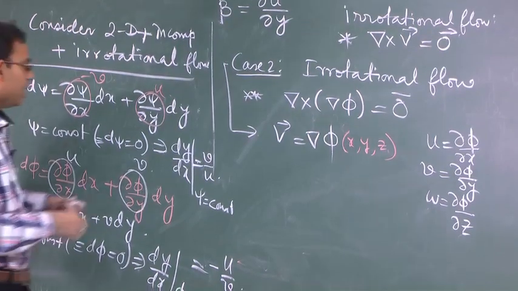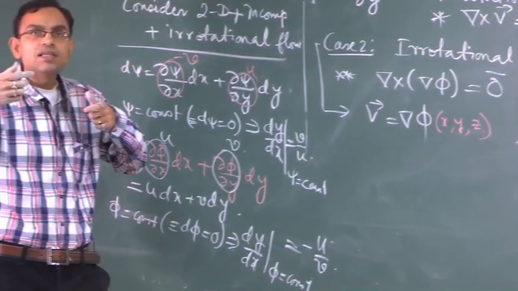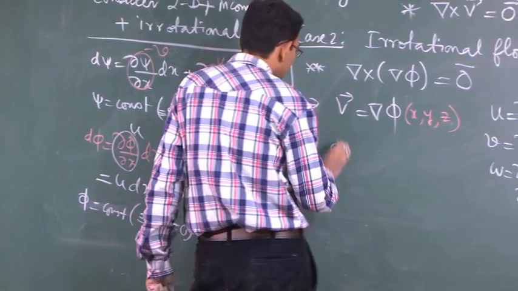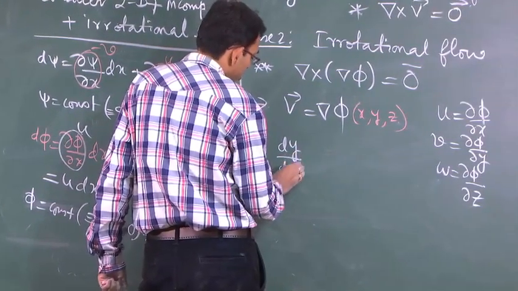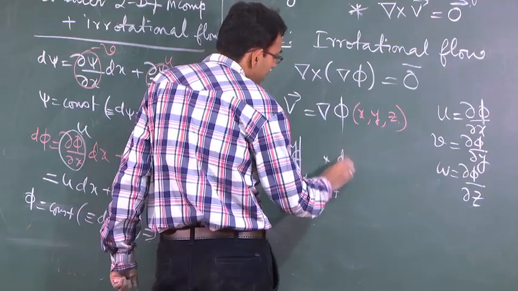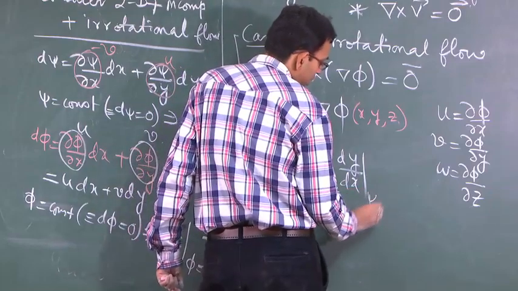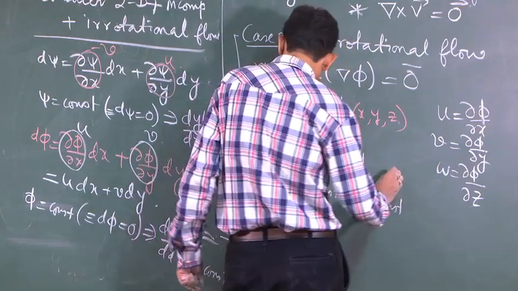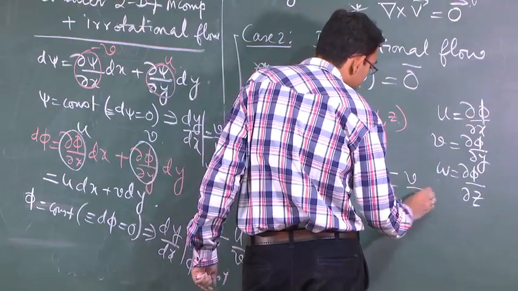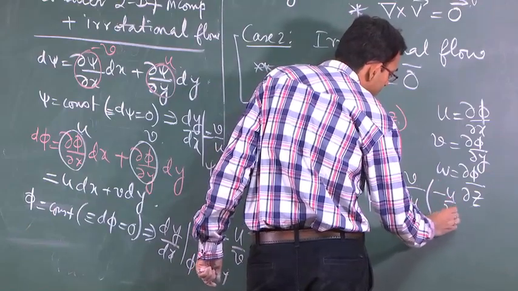So, at a common point where you have phi equal to constant lines, these are imaginary lines, and psi equal to constant lines, dy dx for phi equal to constant multiplied by dy dx for psi equal to constant is equal to v by u into minus u by v.